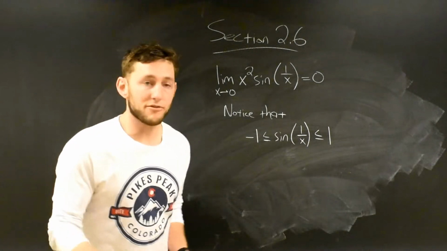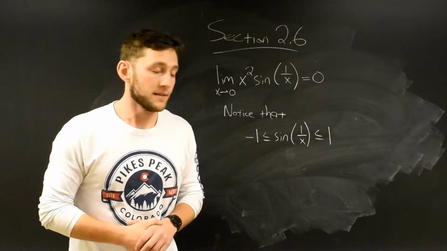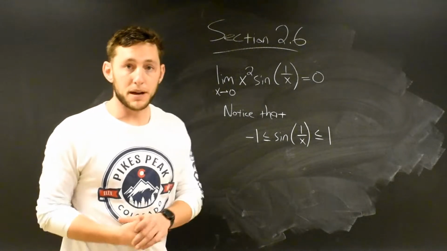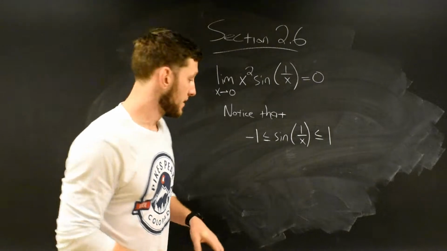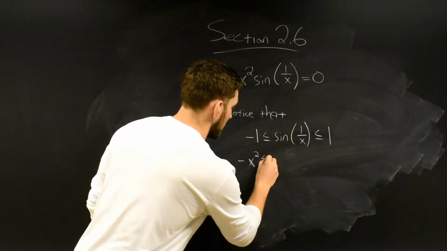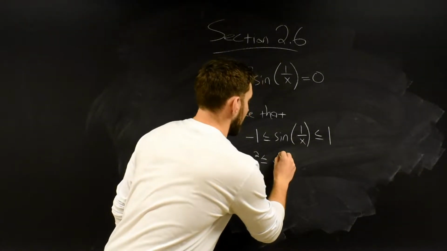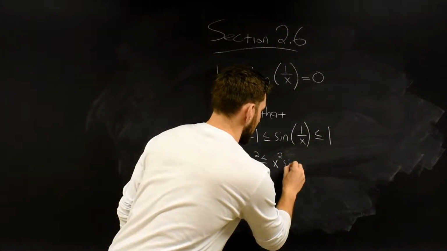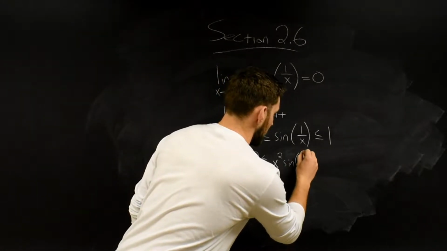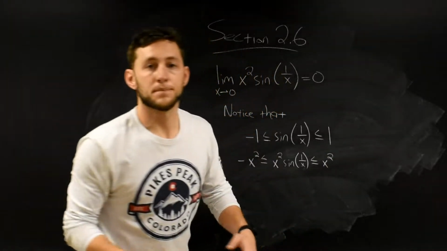Well, maybe we can kind of build this function based on this inequality. So what if I multiply by x squared on all three parts? Giving me negative x squared is less than or equal to x squared times sine of 1 over x, which is also less than or equal to x squared.